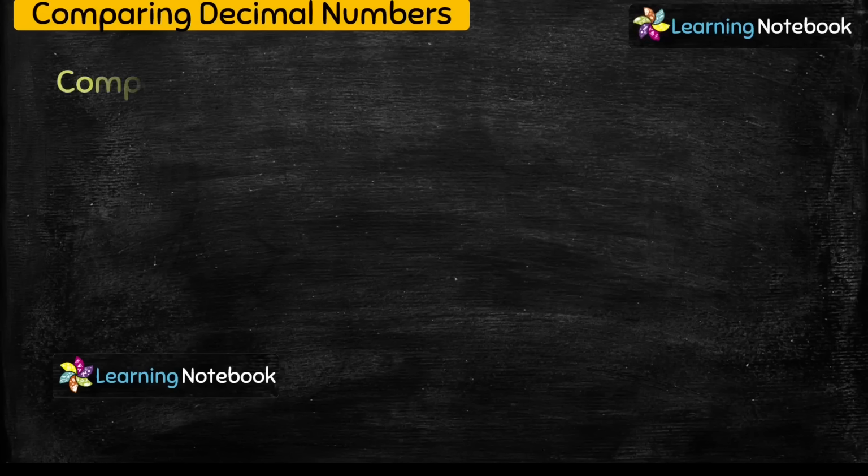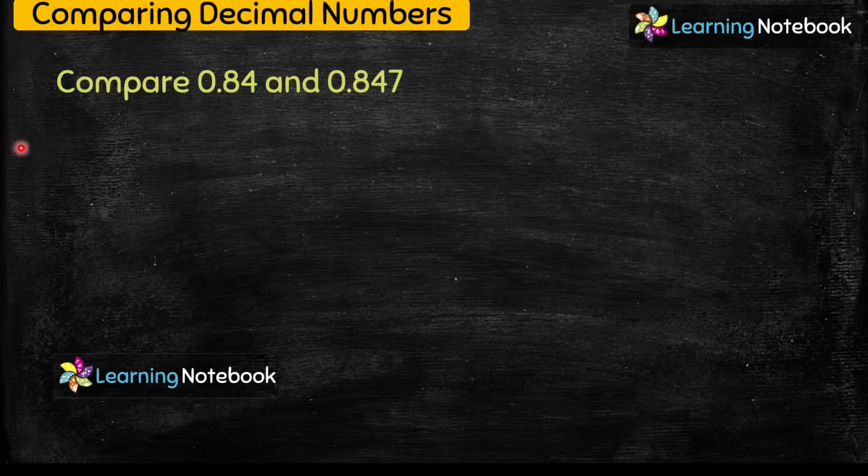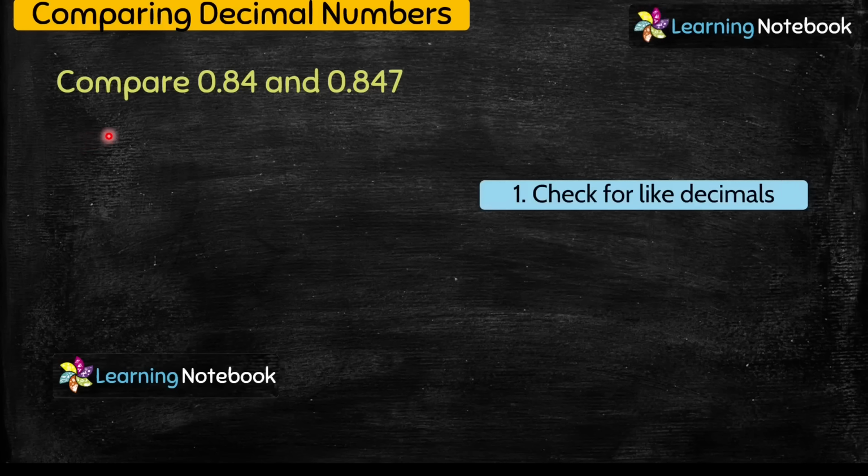Now let's do next question. Compare 0.84 and 0.847. So in the first step, we have to check for like decimals.